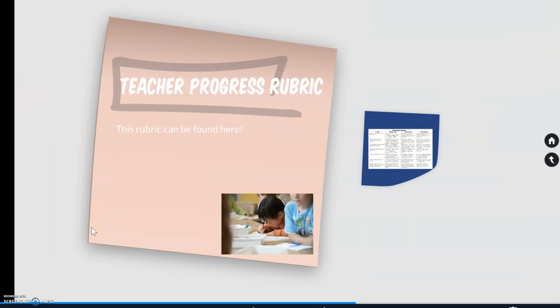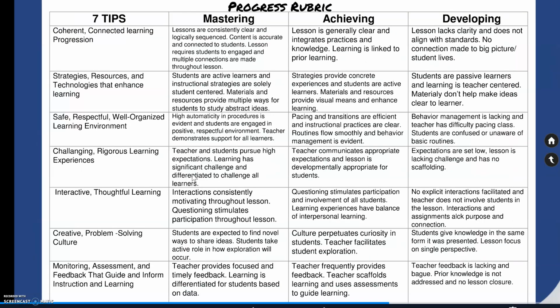Our building leadership team has also created a rubric to give teachers a better understanding of what admin will be wanting to discuss following observations throughout this school year. For example, towards the middle of the year, we will be learning about interactive, thoughtful learning.